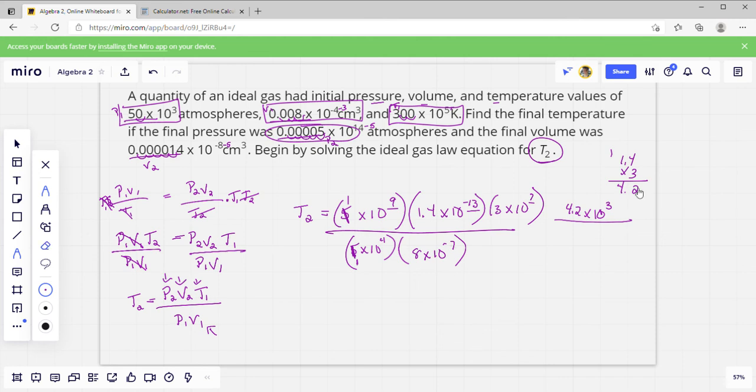Right. Ooh, I see another place where I can cancel. Get rid of that. Get rid of that. I can cancel this 7, no, because when I move that up, that would be plus 7. Okay. Times 10 to the 9 minus 13 would be positive 16 minus 13, that would be 3.